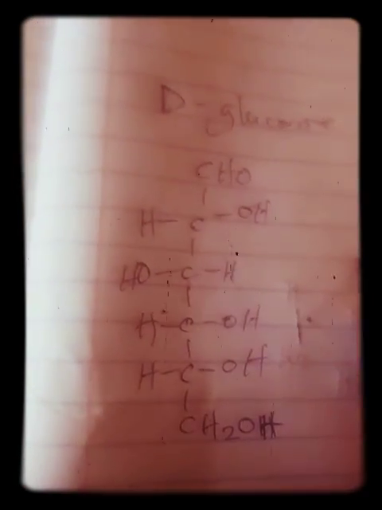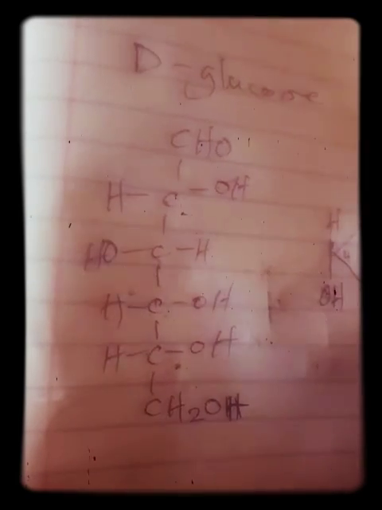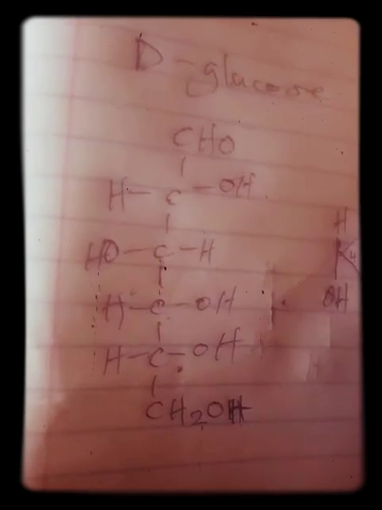So let's continue. On carbon number 4, here is our carbon number 4. On carbon number 4, OH is on the right, so it will go down, and H is on the left, so it will go up. Now again on our fifth carbon, it is always advisable that you come and write CH2OH up and down is H. On this point, I just want you to cram it that way.